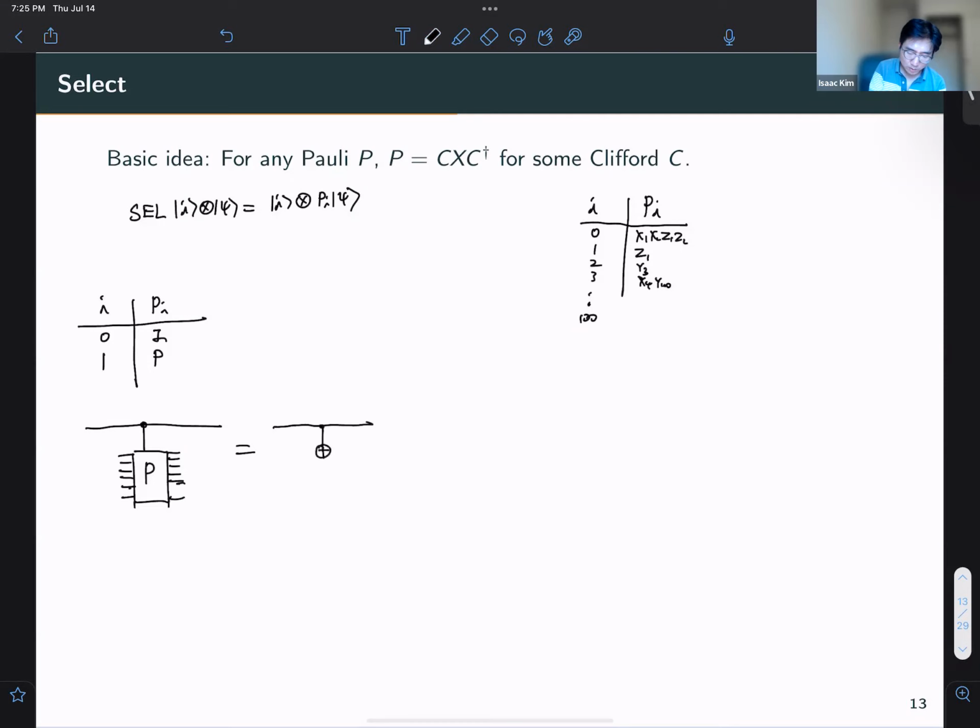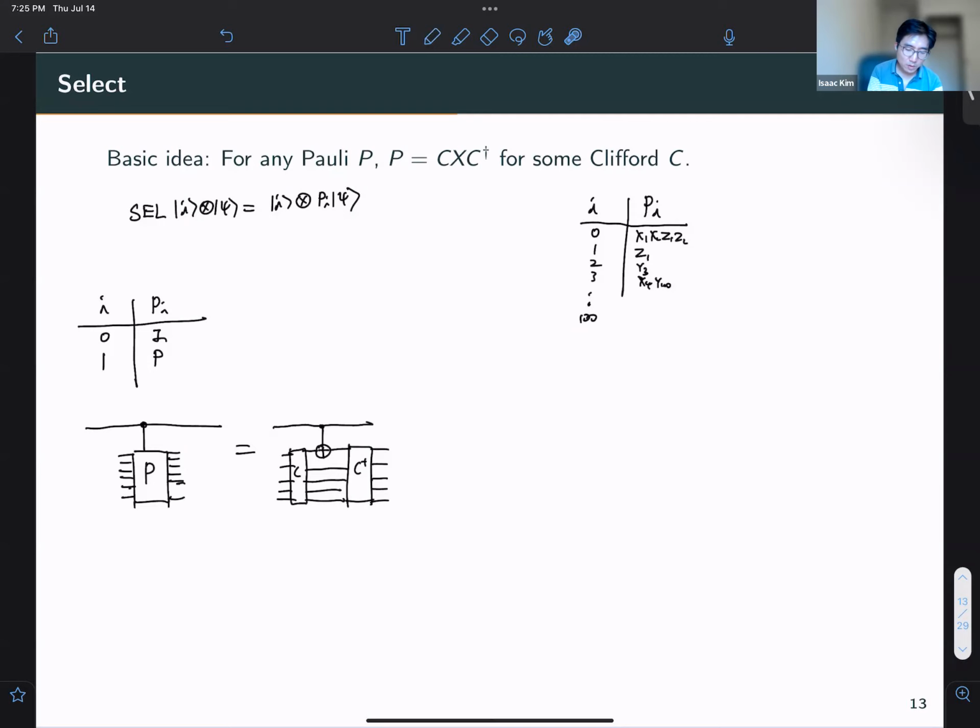What you would do is simply have a controlled-X gate, and you conjugate this controlled-X gate by C dagger, by this Clifford. And why does this work?